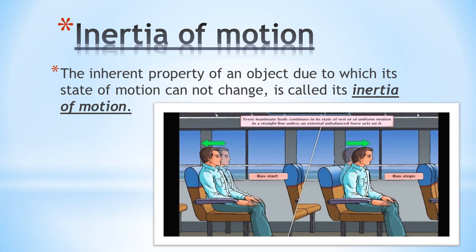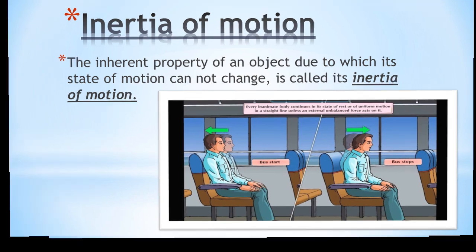This is called inertia of motion. For example, a revolving electric fan continues to revolve even after it is switched off, and passengers sitting in a running bus get a jerk in the forward direction if the bus is suddenly stopped. You can see this example in the picture also.